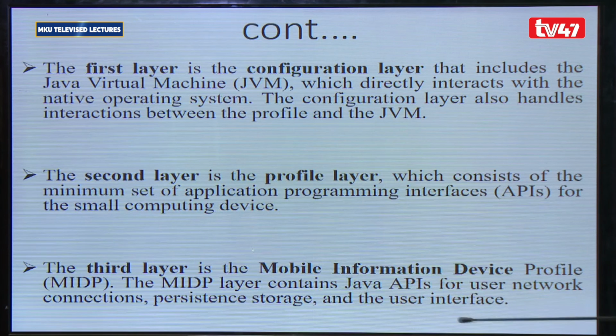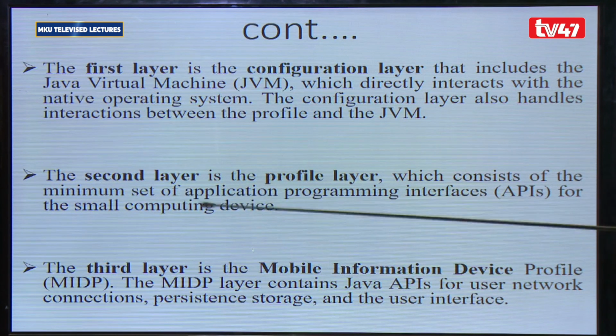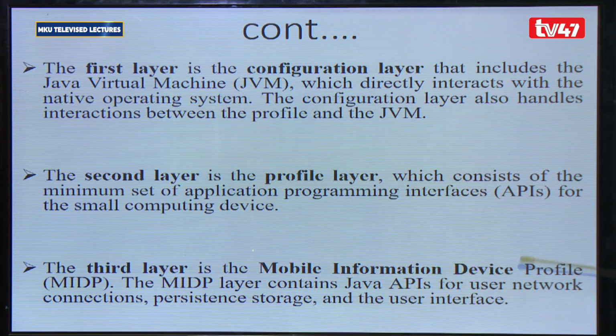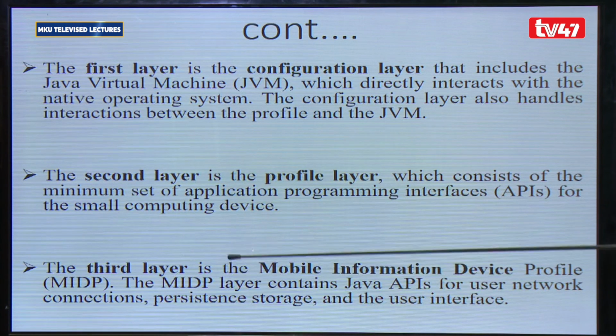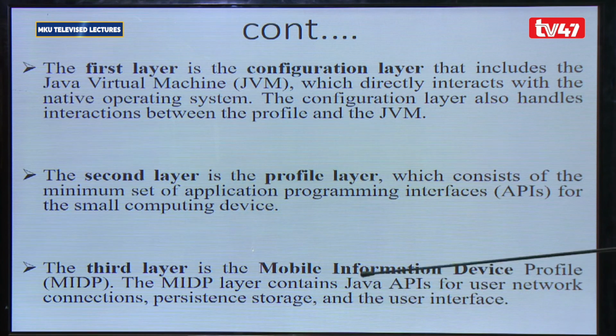The second layer is the profile layer, which consists of the minimum set of application programming interfaces, called the APIs, for small computing devices. And then we have the third layer, which is the mobile information device profile, which contains the Java APIs for user network connection, persistent storage, and user interface.